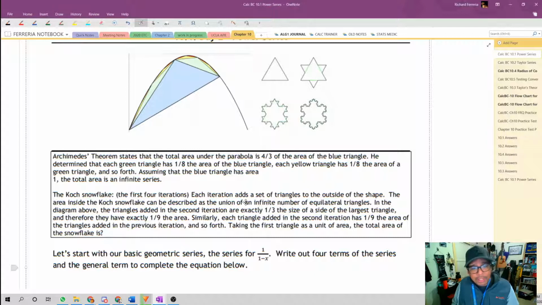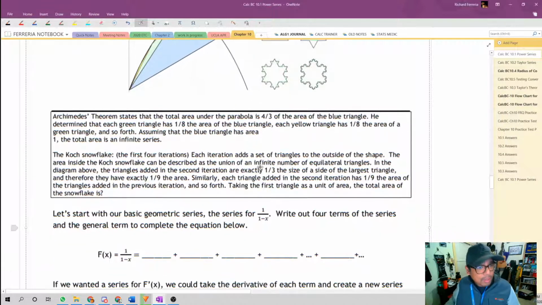Similarly, each triangle added in the next iteration has 1/9 of that, so multiplying by 1/3 again, and so forth. Taking the first triangle as a unit of area, what's the total area of the snowflake? Again, since we're adding things, and each thing we add is a multiple of the previous thing, this is an infinite series. So that's just kind of an intro.